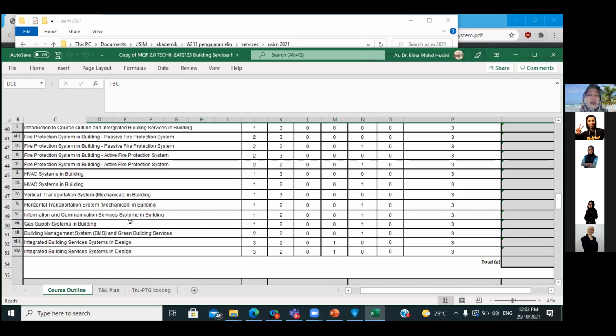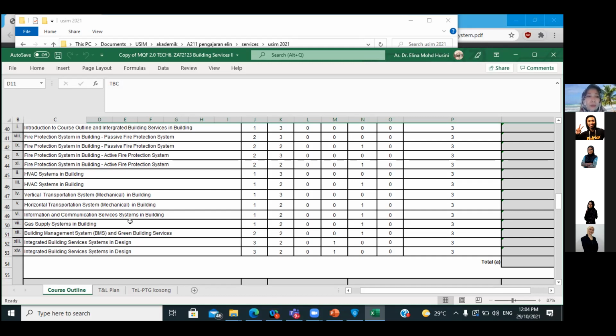Very sad. So sometimes when we do a talk, let's say as volunteerism, we go to tahfiz and we need to make them understand the safety purposes in the building, because we already learned the fire protection system in building.